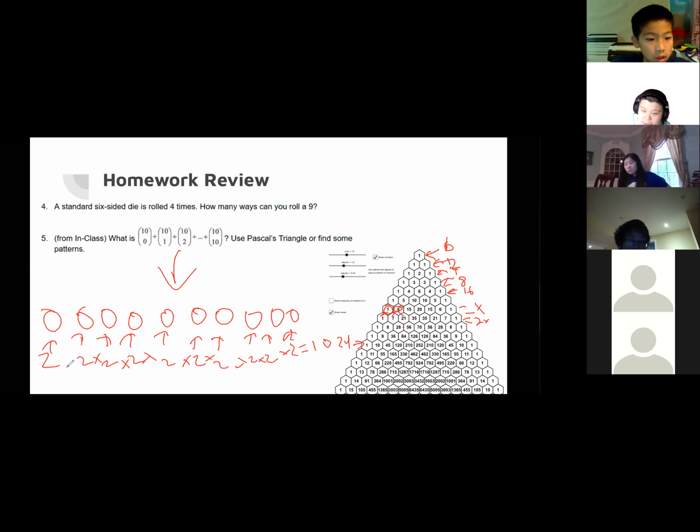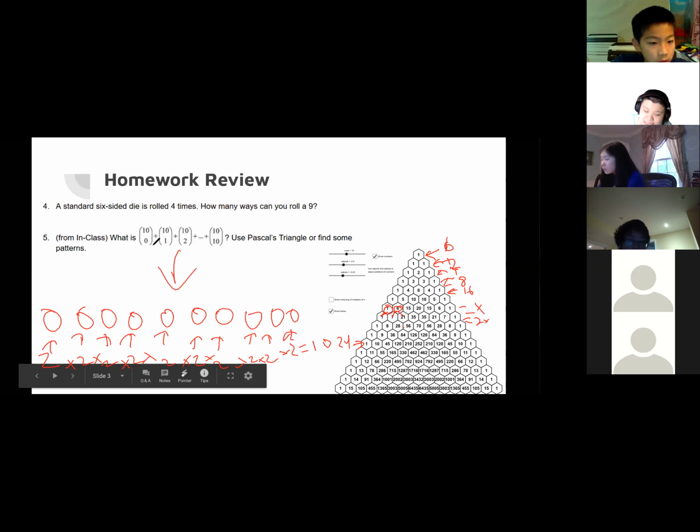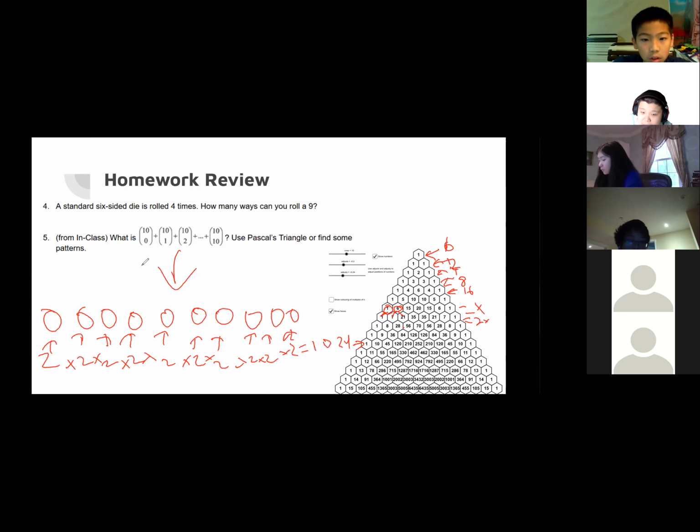In combinatorics, there are a lot of arguments like this where, instead of expanding things out or using Pascal's triangle, you instead just think of it as an argument regarding choosing stuff.